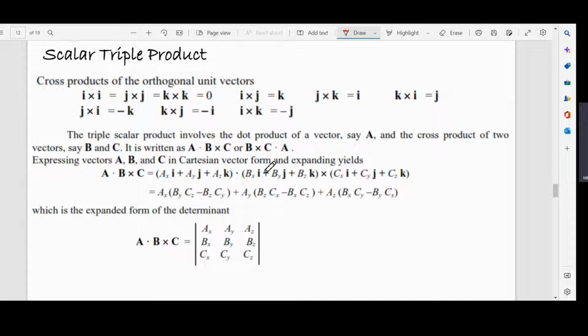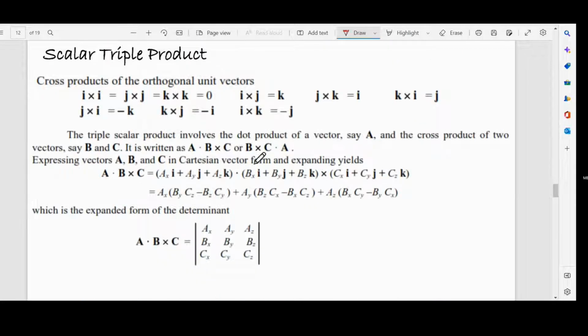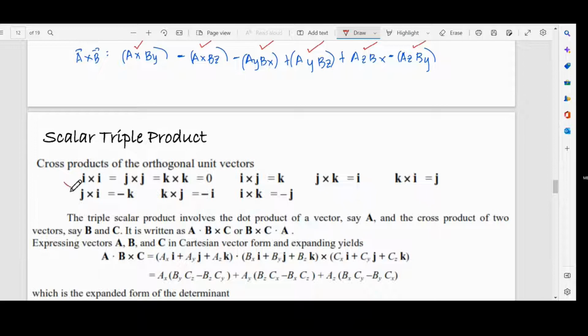We have the scalar triple product. So, naulit lang. Okay, tanggal na to. So, proceed na tayo dito.